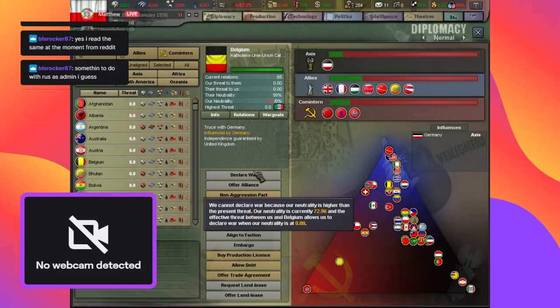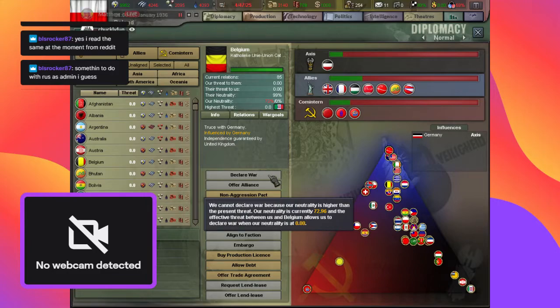Oh, okay. You see my cursor, how it's hovering over declare war? Oh, what do you see right now? Oh, so you're saying you don't see the pop-up? Yeah, okay, so you don't see the pop-up then, because right now my mouse is hovering over declare war, and it shows we cannot declare war because our neutrality is higher than the present threat.